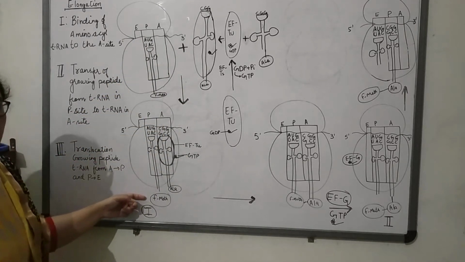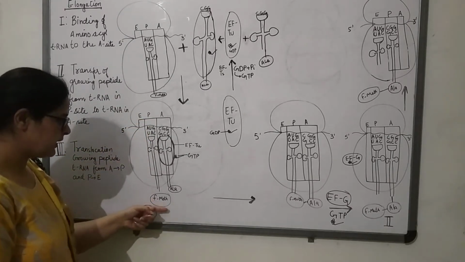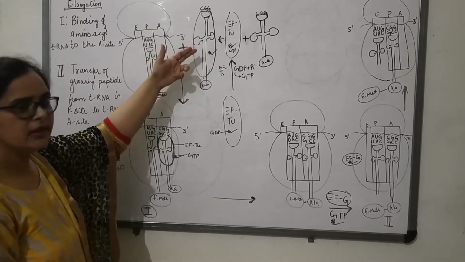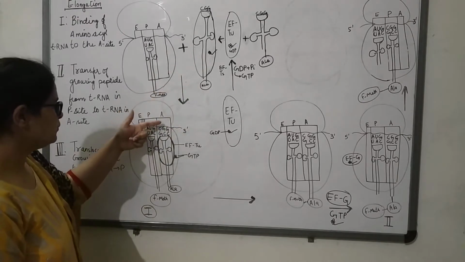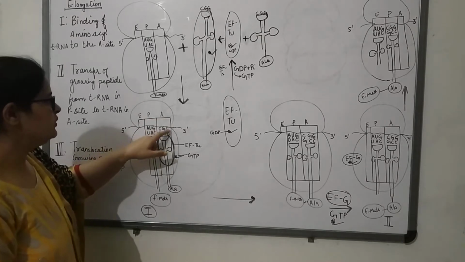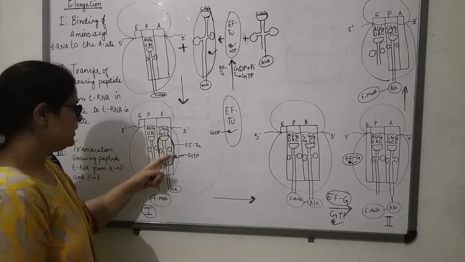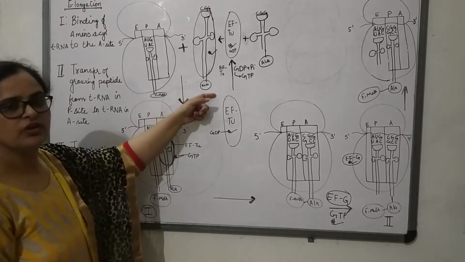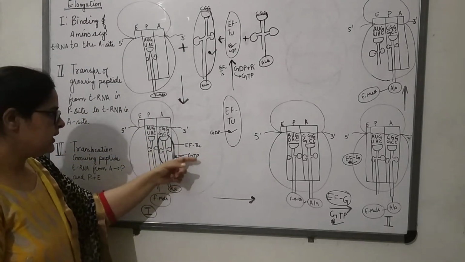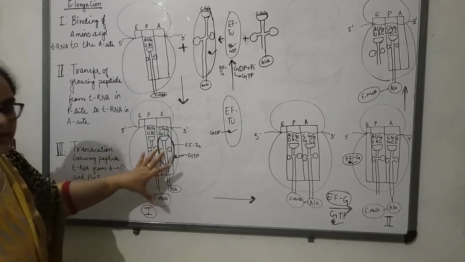The A site has the CGG sequence, which is complementary to the alanine charged tRNA. Now the complex contains GTP and EF-Tu, the elongation complex, along with the assembly.